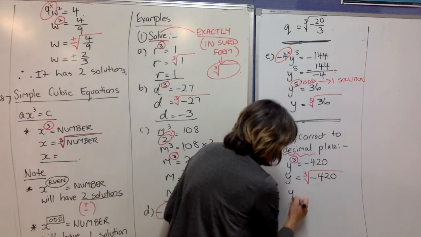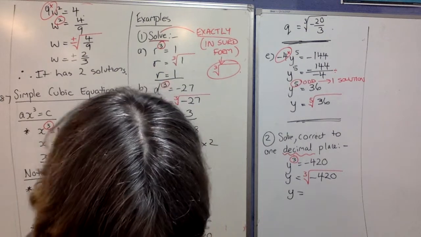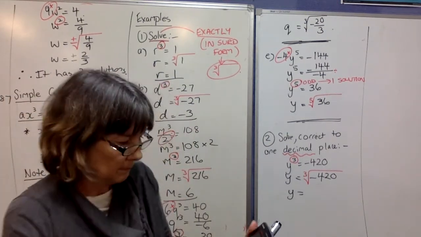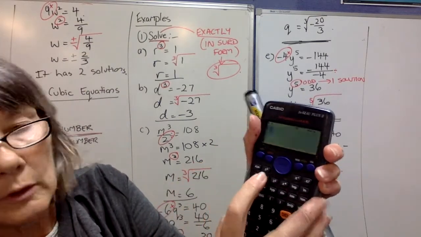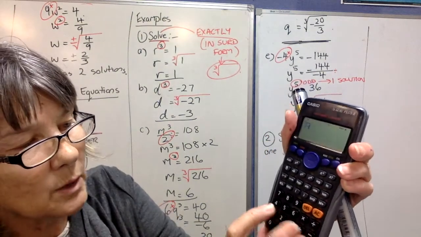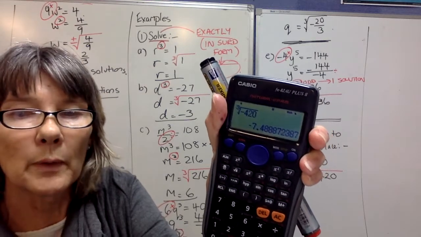All right, now, this is telling you it's okay to have a messy decimal, so let's work it out. All right, so we're doing cube root. So we're going to do shift, square root, and that brings up cube root. Then we're pressing minus 420 and press equals, and we're writing it down.